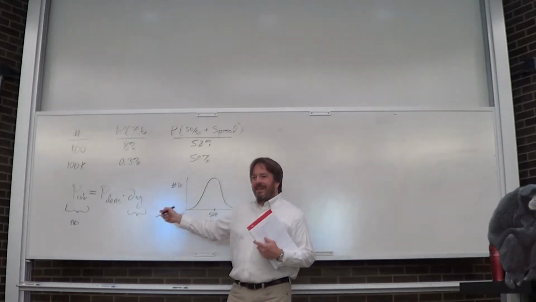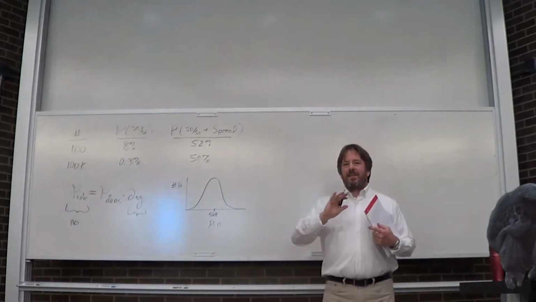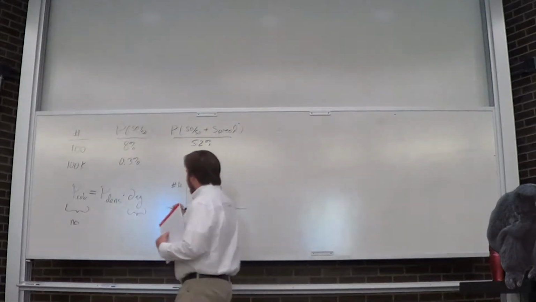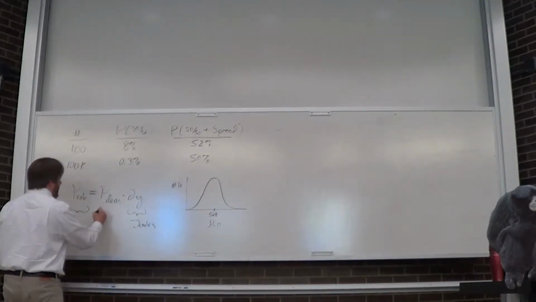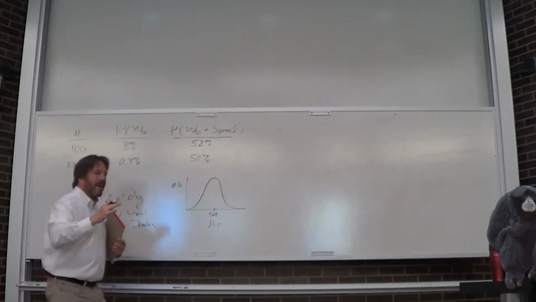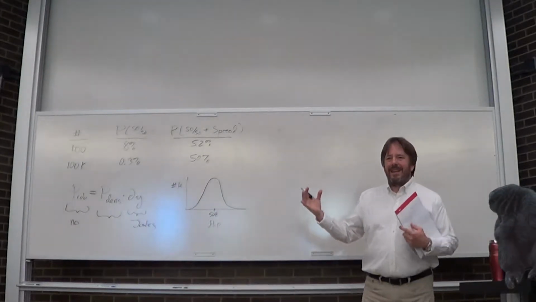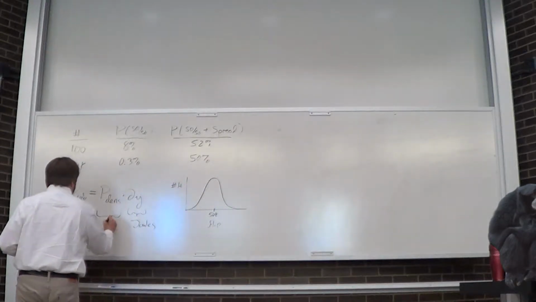In this case, we're not going to do flips. We're going to do energy. Let's just forget the coin at this point. Joules, right? So it has units of joules. Okay, now see, this is where it gets a little funky. This has units of what? 1 over joule. Yeah, there you go.